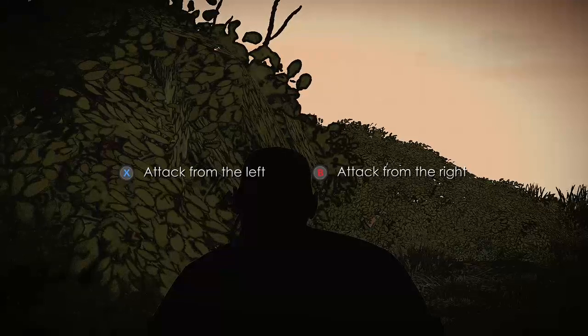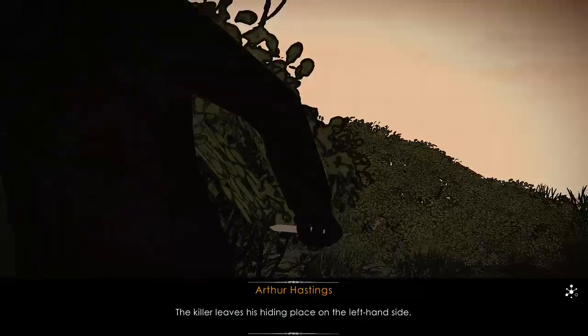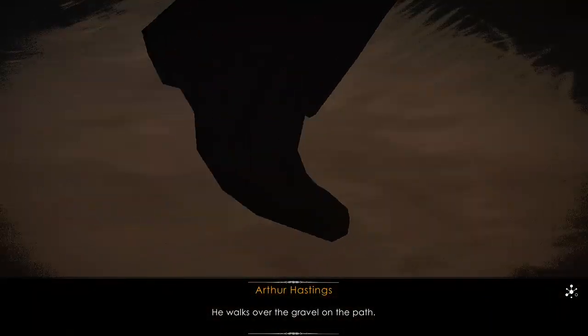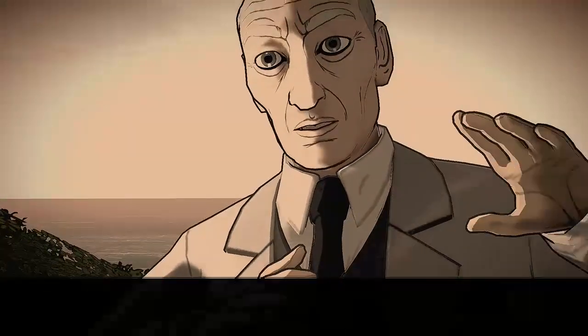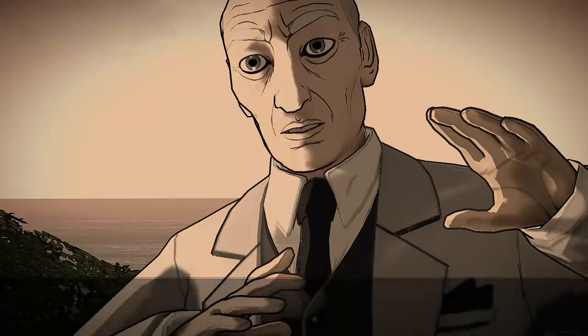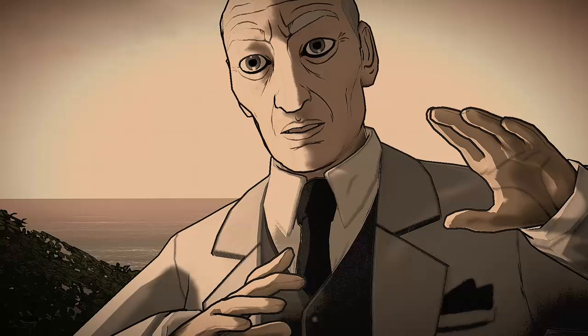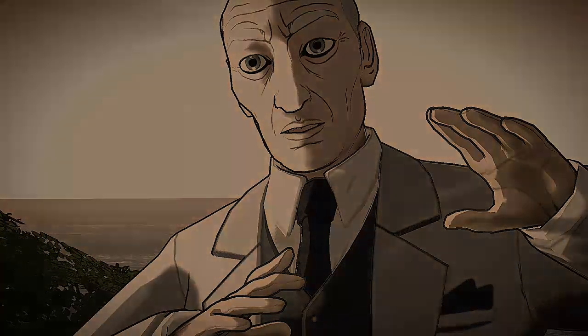The killer leaves his hiding place on the left-hand side. He walks over the gravel on the path. The noise alerts Sir Clark, who turns around. No, wrong way. Sir Clark was attacked by surprise. He could not see his assailant. Let us think again, mon cher. I thought it meant attack Sir Clark from the left. I didn't think it meant leave the bush from the left.